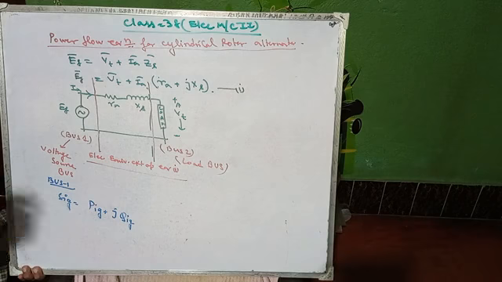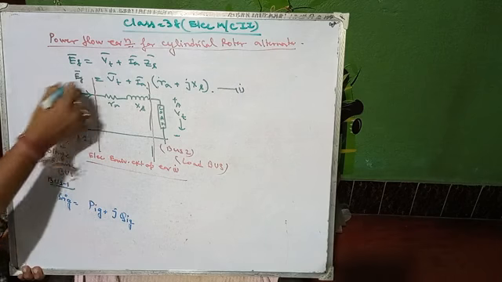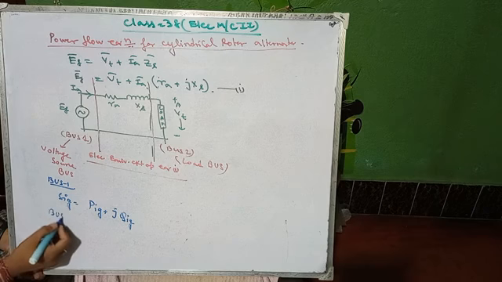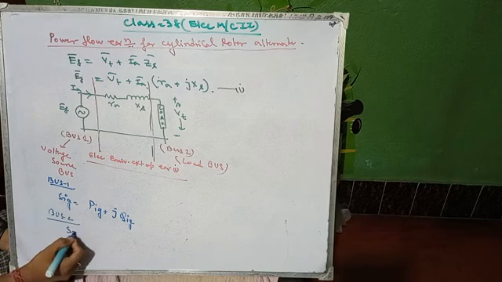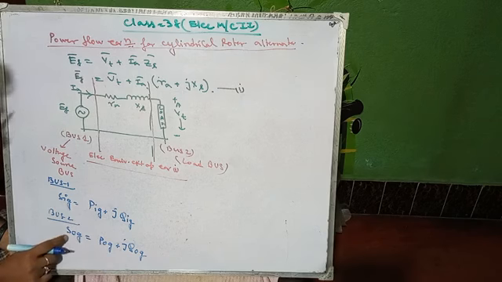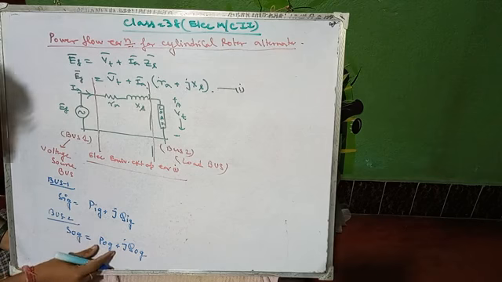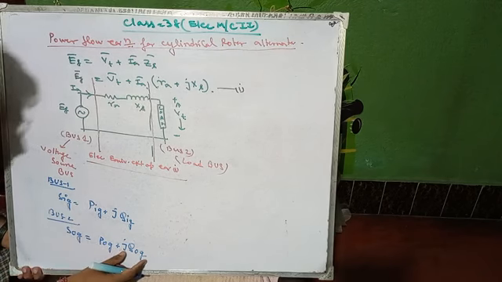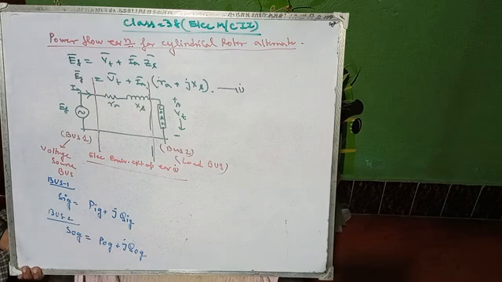This is the complex power input to the system. At bus 2 the equation is SOG equals POG plus jQOG, the complex output power from the generator, with its active and reactive parts.